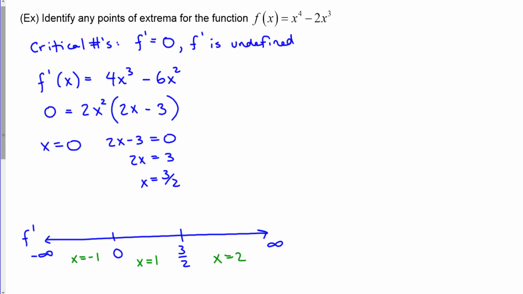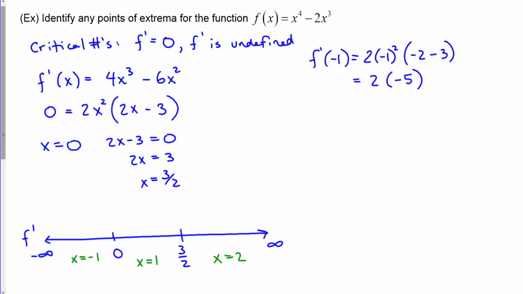So I just need to test and find out if my function is increasing or decreasing in each of those intervals. To find that out, I plug it into the first derivative, because the first derivative will tell me if my function is increasing or decreasing. So at -1 this would be 2 times negative 1 squared times 2 times negative 1 minus 3, so 2 times negative 5, which is negative 10.